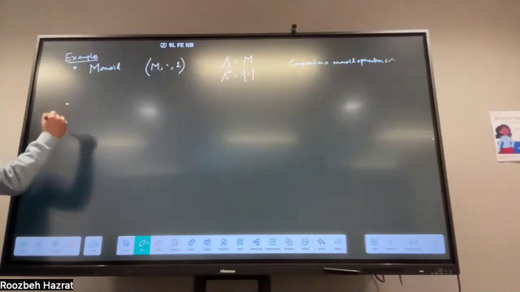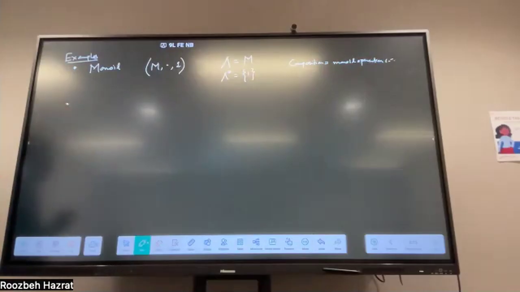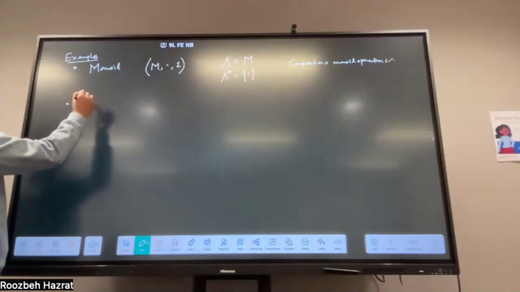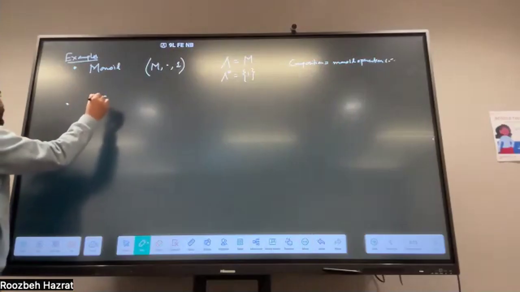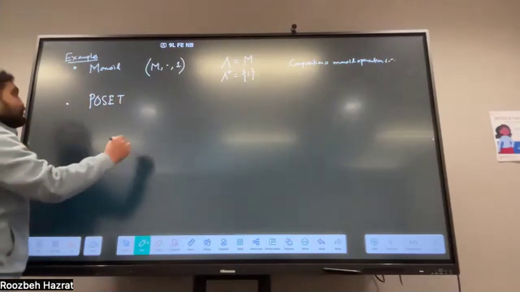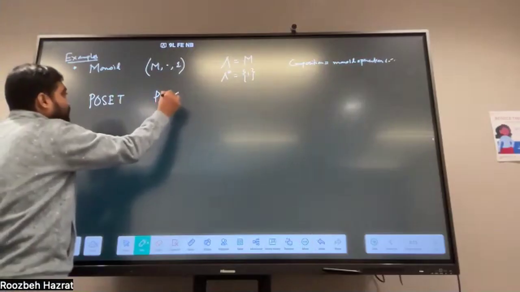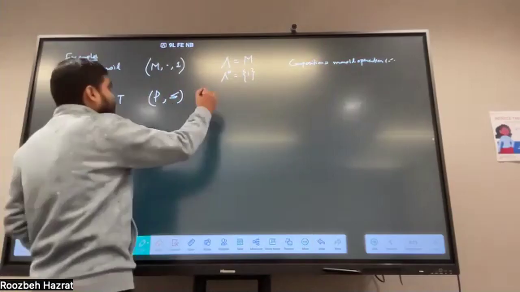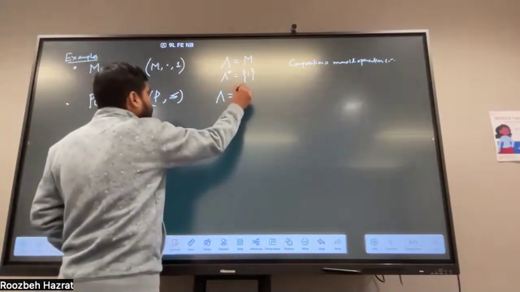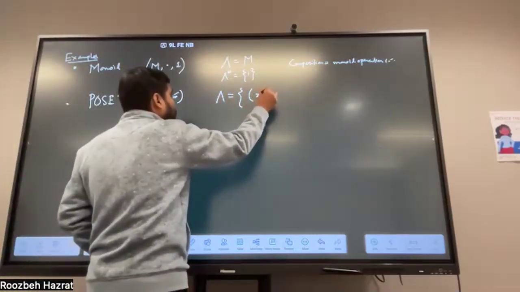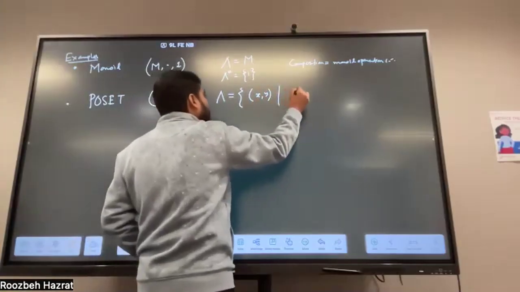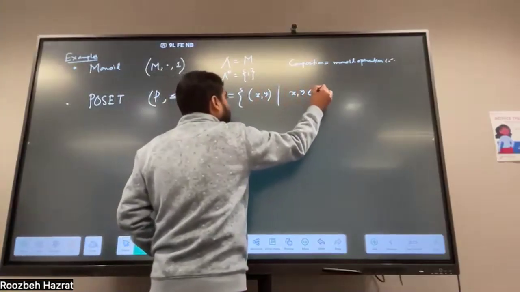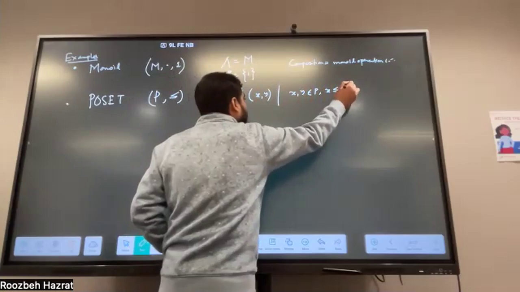So this is a very simple example of a monoid. Second one is you can start with any partially ordered set, or even a set with a pre-order. Let's take a poset P with a partial order. Then you can view this as a small category. Lambda is the set of pairs (x, y) in P times P with x less than or equal to y.